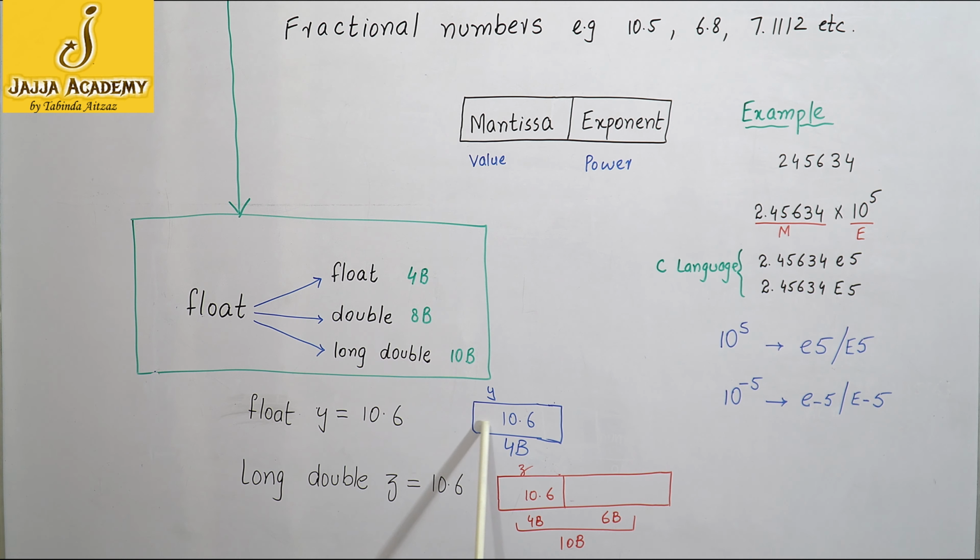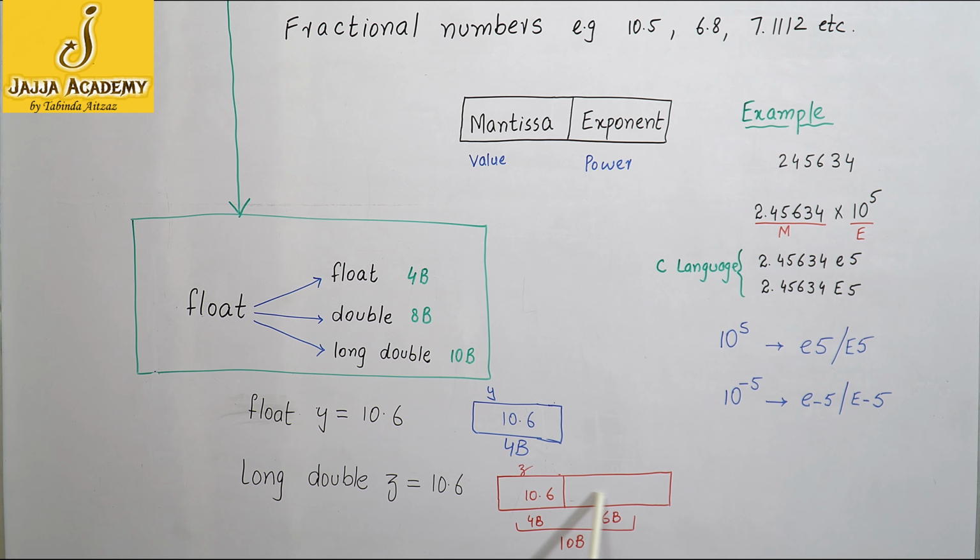If I use the long double data type to store this small fractional value, then what will happen? 10 bytes will be allocated to the long double variable, which is the z variable, and this small fractional value will consume a maximum of 4 bytes of memory. And what about the remaining 6 bytes of memory?